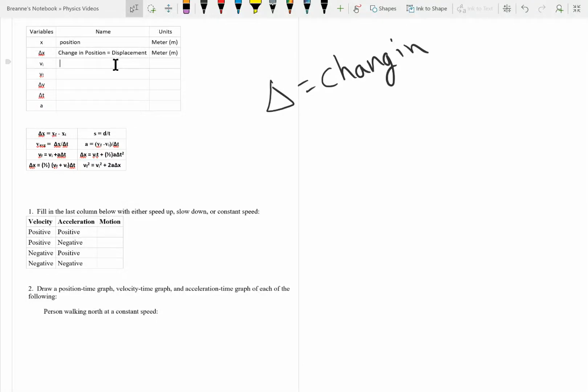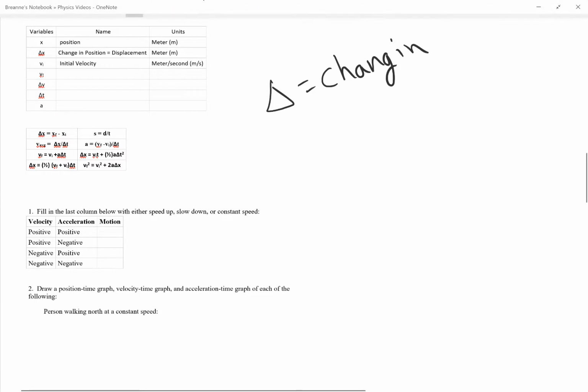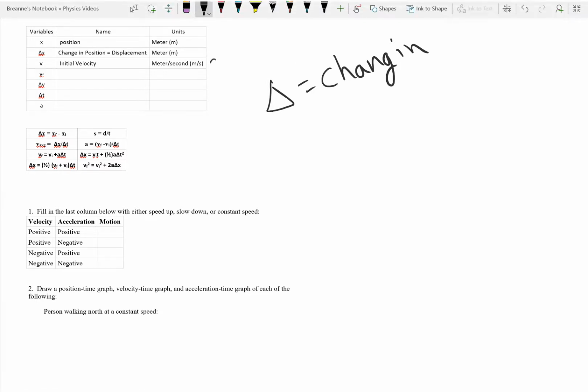V is velocity, so the subscript I is initial velocity. That's going to be meters per second. We get that from the slope of the position versus time graph.